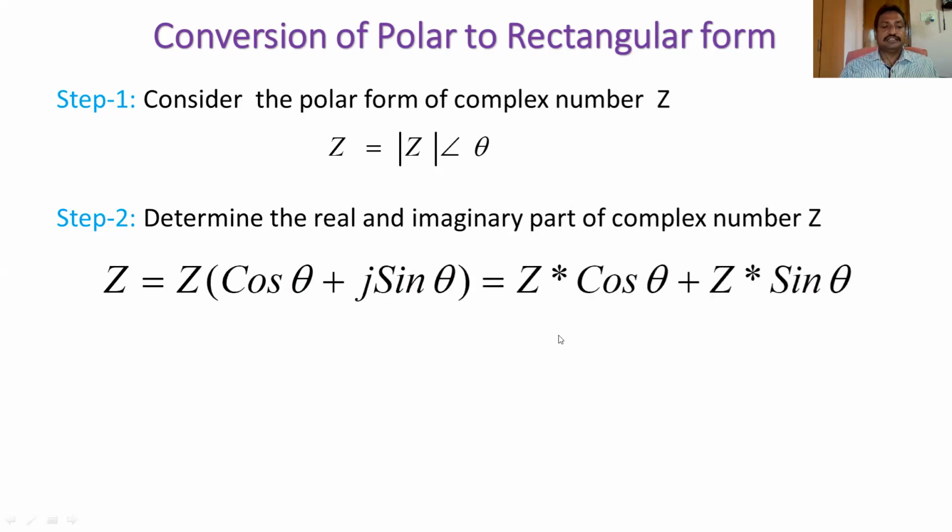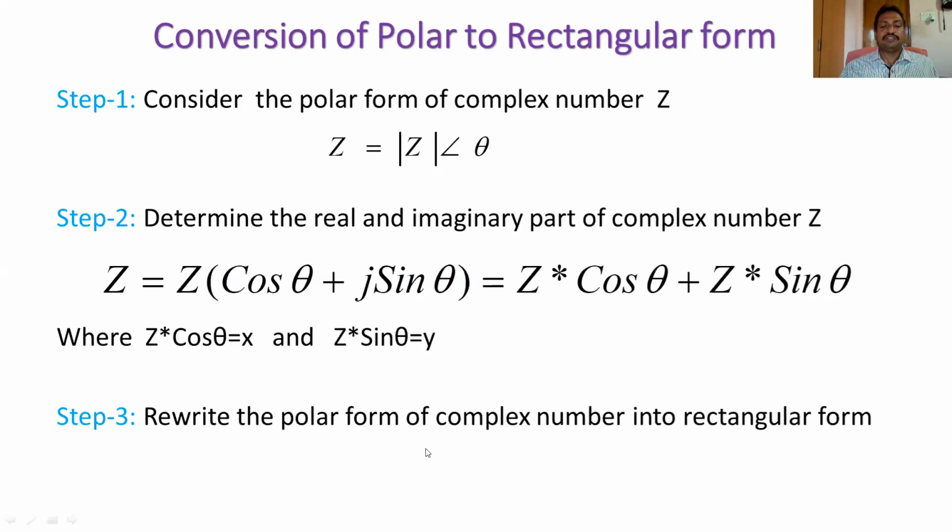How to evaluate? Z is equal to |z| into cos theta plus j into sin theta. |z| into cos theta is called the real part. |z| into sin theta is called the imaginary part. Here you see that |z| cos theta is x, |z| sin theta is y. Now we resubstitute this.